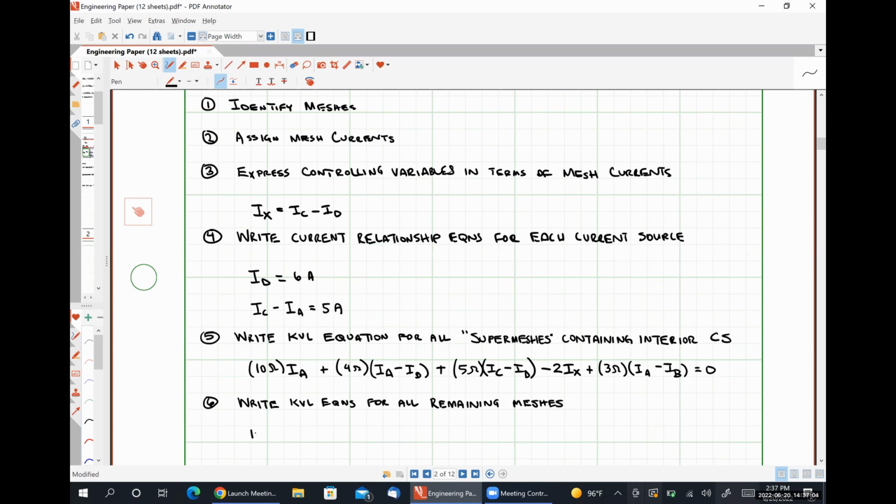So we're going to have a KVL equation that we need to write for mesh B.